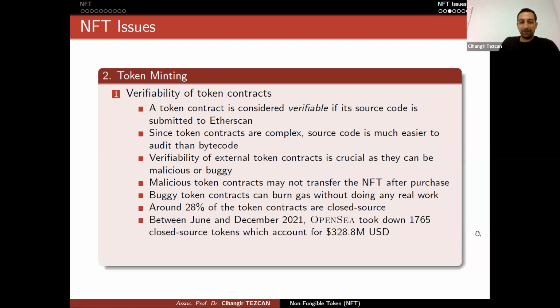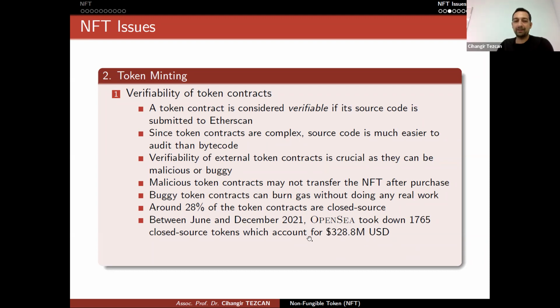In that paper I mentioned, between June and December 2021, OpenSea took down 1,765 closed source tokens, which account for more than $300 million. Since OpenSea took down these tokens, this means that there was some malicious or buggy code inside them, but they were sold for more than $300 million.